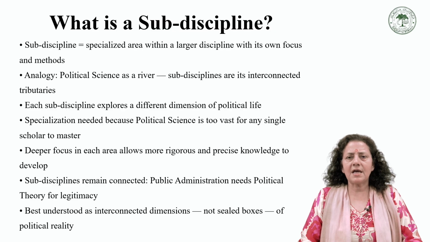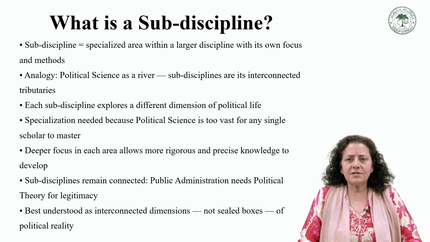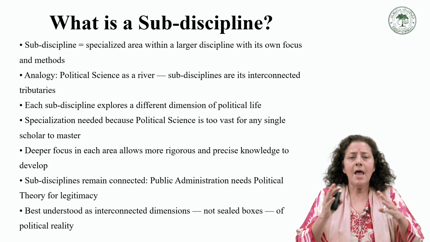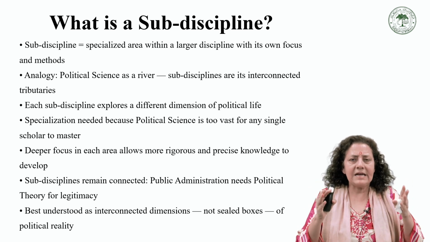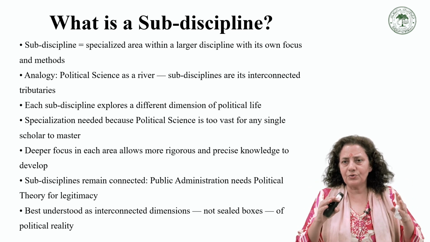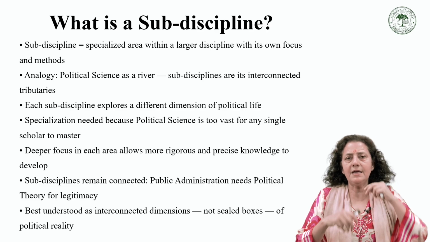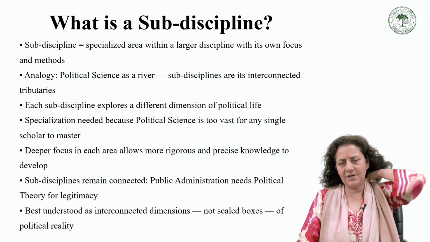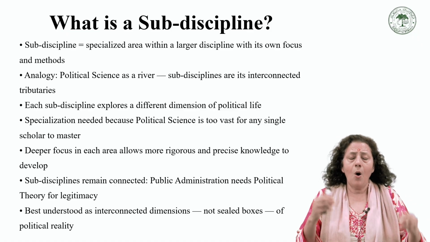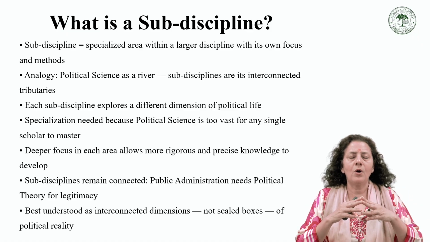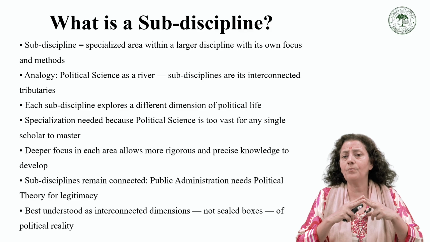Think of political science as a large river, just as a large river has many tributaries, each flowing in a slightly different direction but contributing to the same body of water. Political science has many subdisciplines, each exploring a different dimension of political life, but all contributing to our overall understanding of politics.